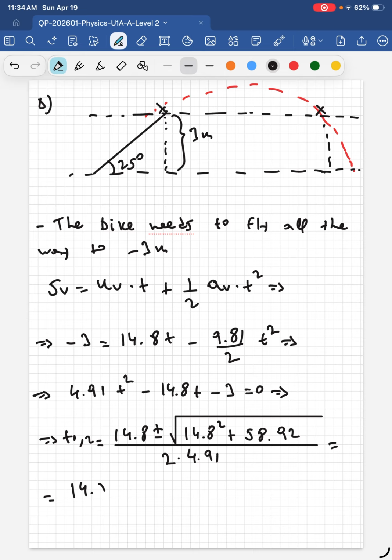So this is 13.8 plus or minus 16.67 over 2 times 4.91. So the answer we need should be positive. So we only add. In other words, we discard the minus solution. Okay. So we get 3.2 seconds, which is the time for the bike to travel all the way up and then 3 meters down.